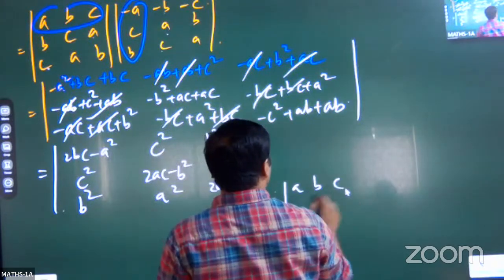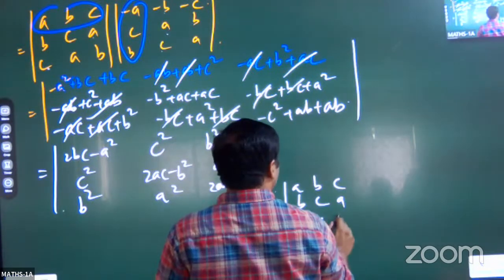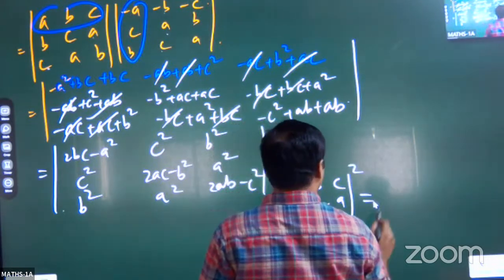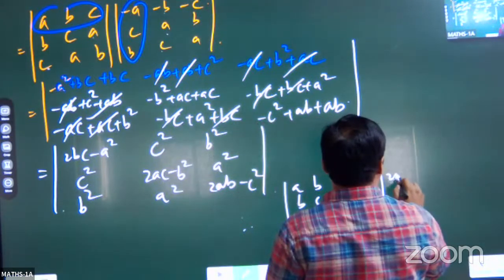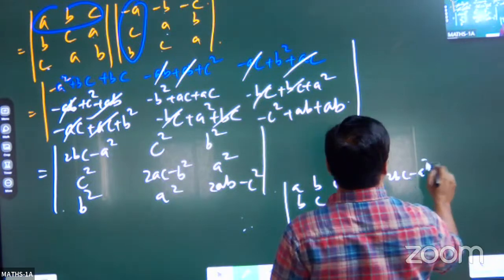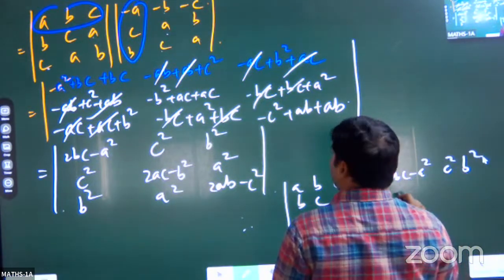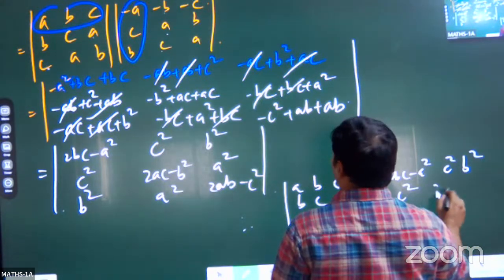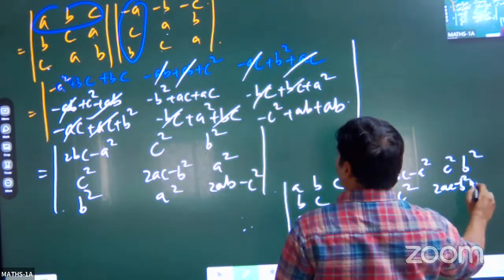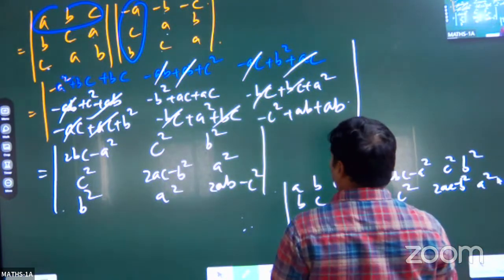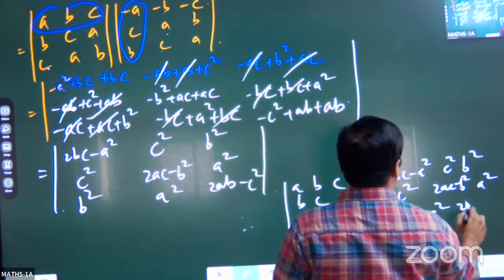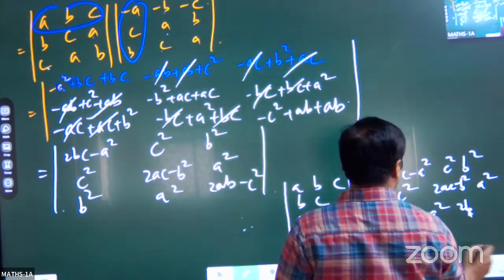That is (ABC, BCA, CAB) whole square, that is equal to 2BC minus A square, C square, B square, and this is C square, 2AC minus B square, and A square, and here B square, A square, 2AB.